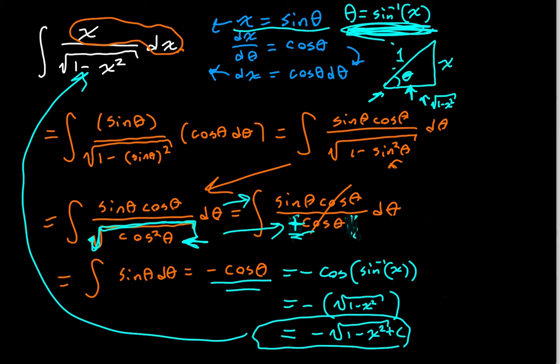Cosines can be negative, so there's no reason that this triangle couldn't be flipped the other way, and that this would be negative square root of 1 minus x squared. But notice, then we'd have a negative, but also another negative times here, and those negatives would cancel out. So all the negatives in the end cancel out. This is just adding a bunch on.